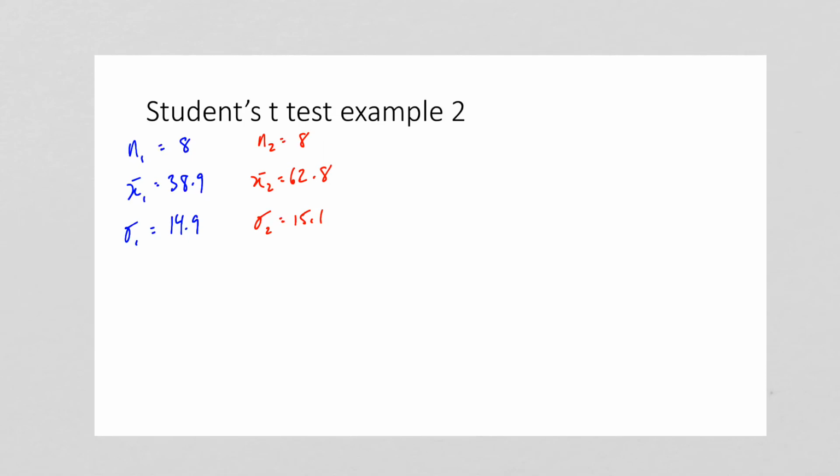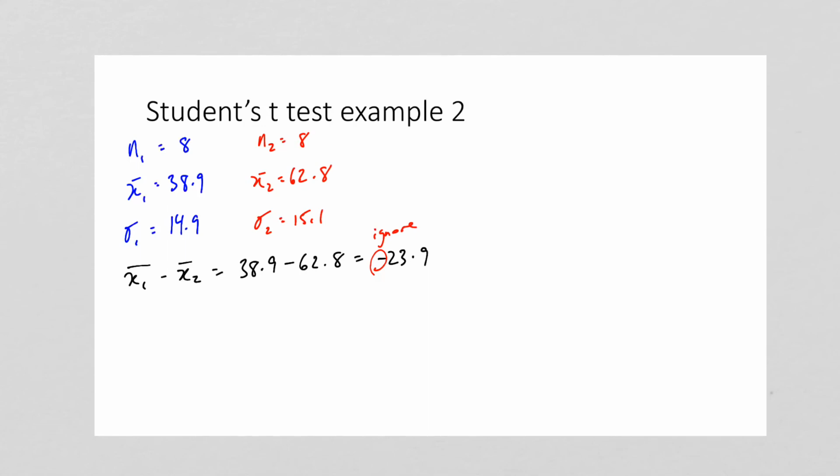Okay, here is how I did it, rewritten everything out once again, just like before, and we will start with the mean of sample 1, take away the mean of sample 2. It's going to be 38.9, take away 62.8, which is going to be negative 23.9. We can actually ignore the negative sign here, it's not going to matter. We'll just write it as 23.9.